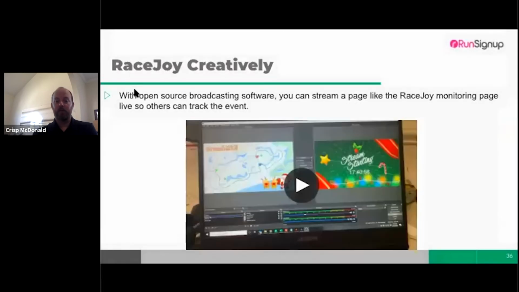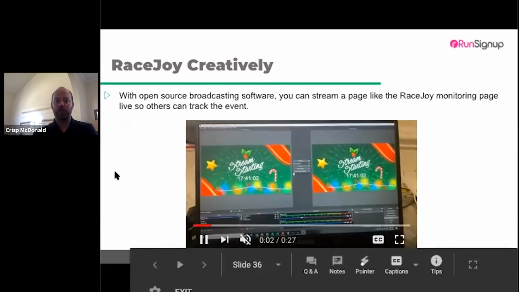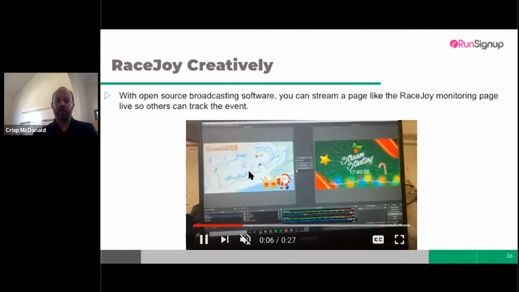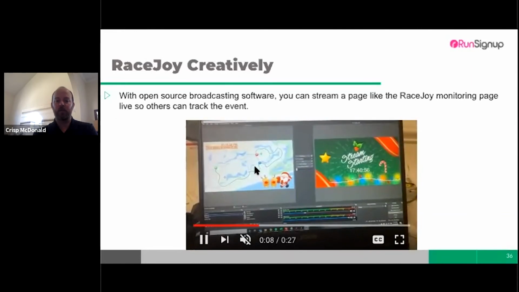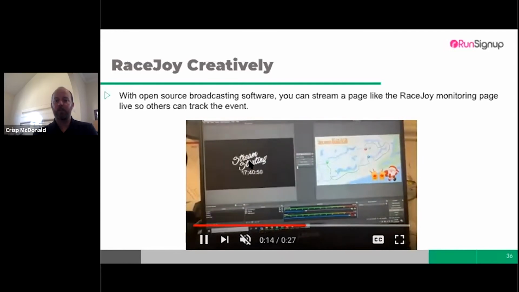So creatively, RaceJoy was used to track Santa at an event using open source broadcasting software. And you can actually see this was pushed out to a Facebook Live, and with transitions, you can do overlays in this broadcasting software.